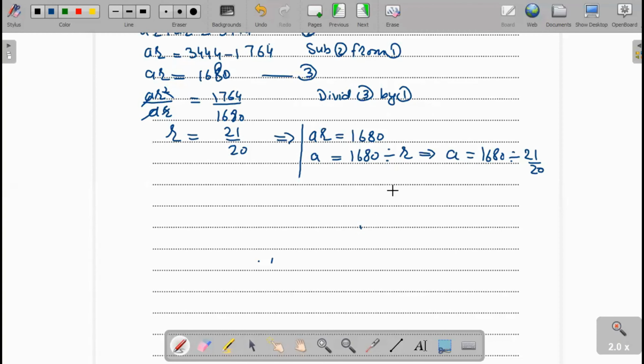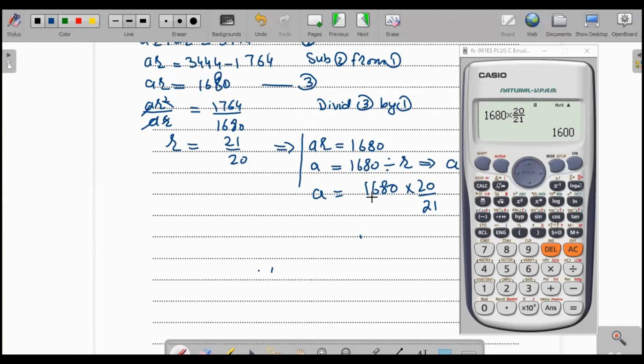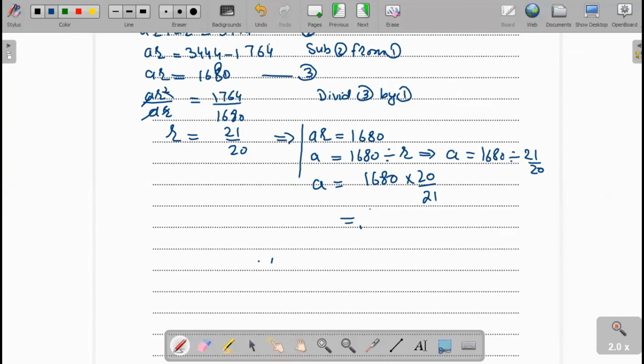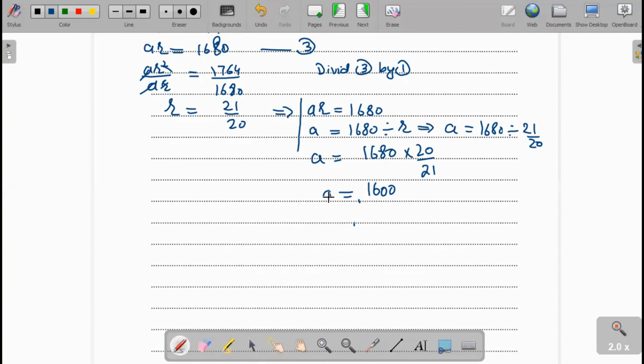With r = 21/20, a = 1680 multiplied by 20/21. Now we calculate it: 1680 multiplied by 20/21 is 1600. So a equals 1600.